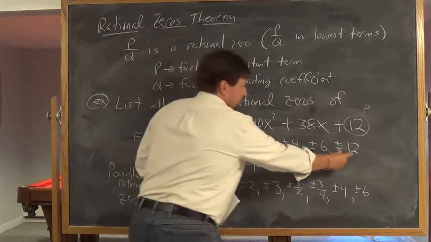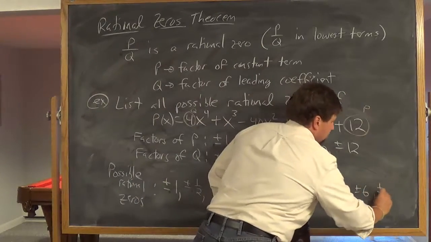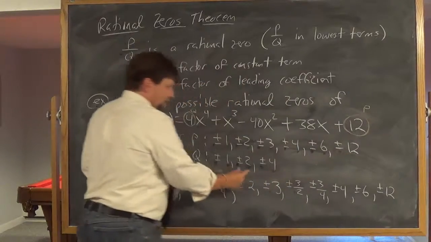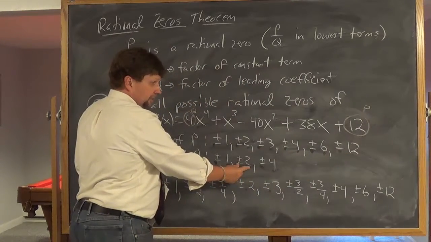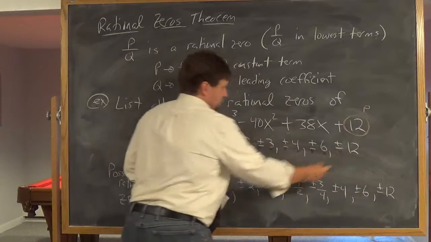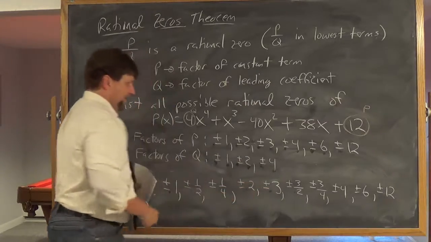Move to the last one, plus or minus 12 over plus or minus 1. That gives me plus or minus 12. Plus or minus 12 over plus or minus 2 is plus or minus 6, and I have it. Plus or minus 12 over plus or minus 4 is plus or minus 3, and I have it.